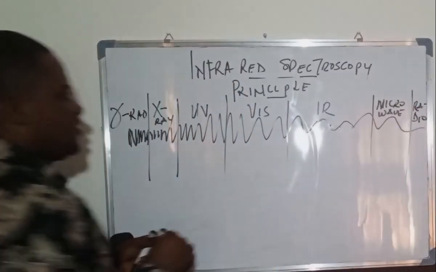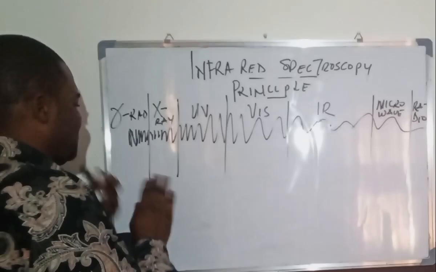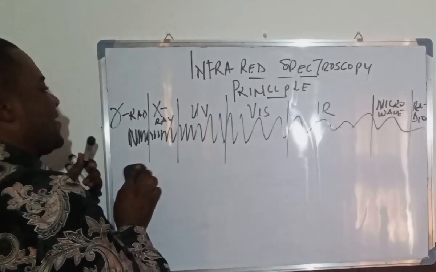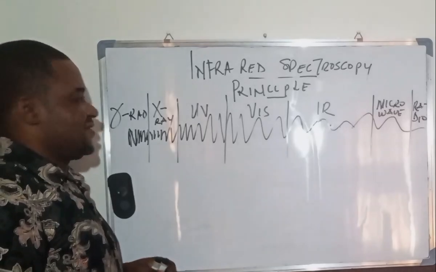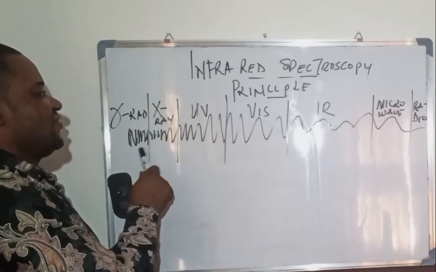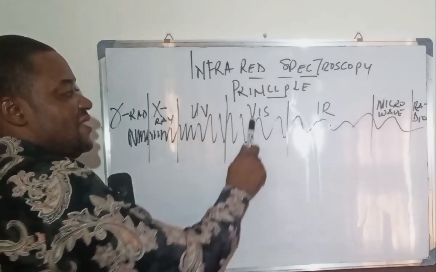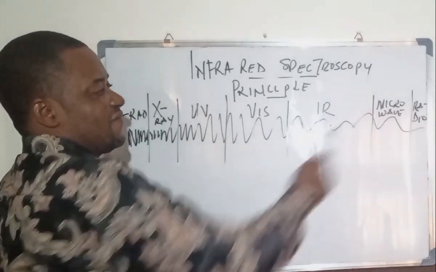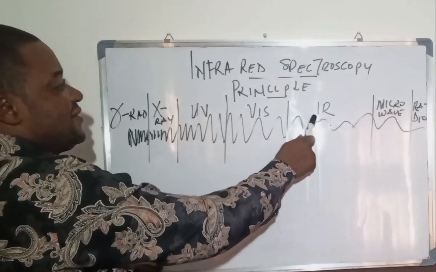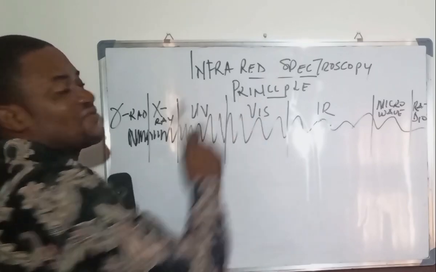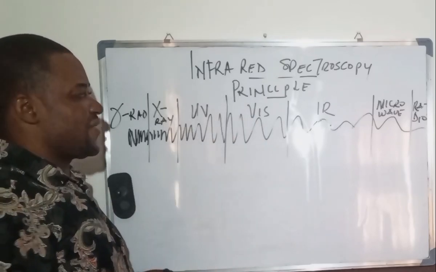So this is a typical description of the electromagnetic radiation: gamma, X-ray, UV, visible, IR, microwave, and radio radiations. And the IR, infrared radiations, is what we are interested in discussing the principle of.